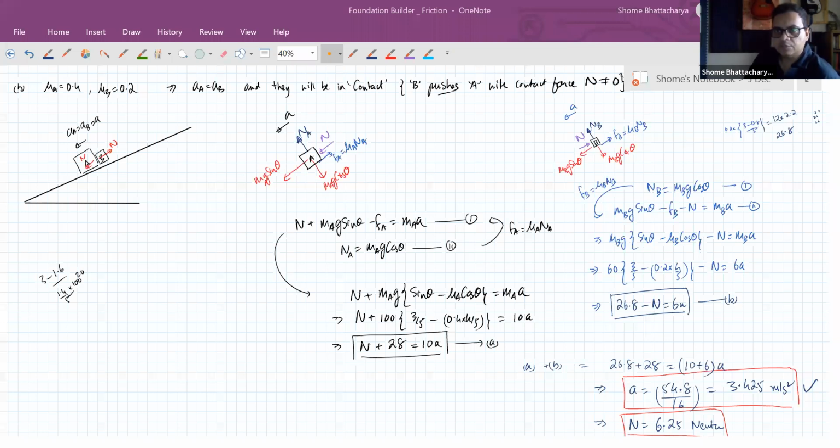Oh, I've written it 26.8. My mistake. It should be 26.4. That's correct. This value here. So just make a small correction here.